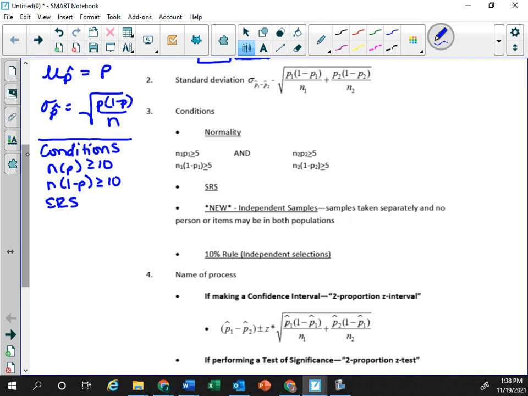And then the 10% rule here, I'm still not going to be checking that when you do free response for me. But you guys have seen that come up several times on your Khan Academy assignments, right? Checking independence, is it less than 10% of the population? That's all that's talking about. So again, we're not going to do it on our free response, but just so you're aware that it's out there when you're doing your practice problems.